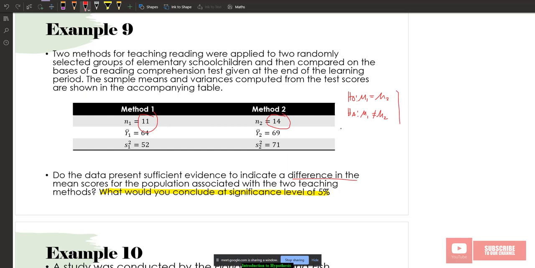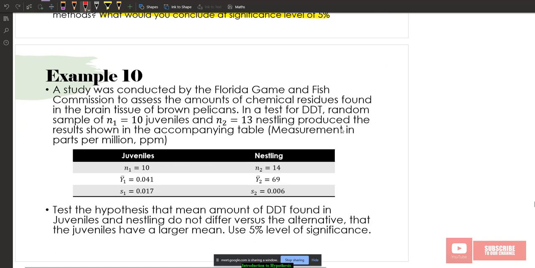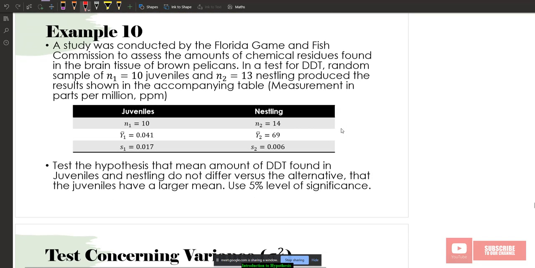Or we can put in another form, null hypothesis mu1 minus mu2 equal to 0, alternative hypothesis mu1 minus mu2 not equal to 0. Benda yang sama lah. Right? For this one, example number 10 ni, nak dia kata apa? Test the hypothesis that mean amount DDT found in juveniles and nestling do not differ versus alternative that juvenile have greater mean.